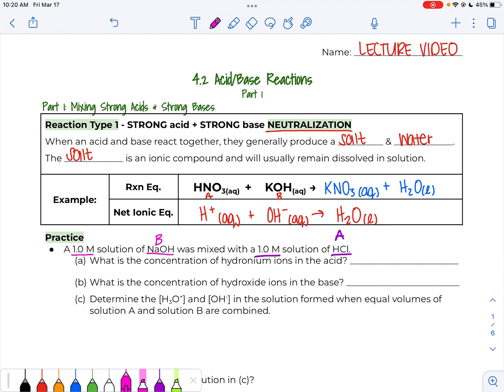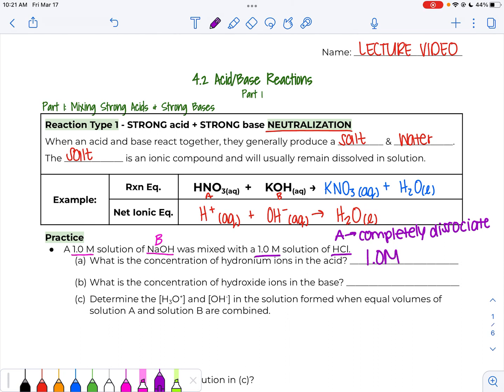Well, this is a strong acid, and remember, strong acids completely dissociate. So this thing's going to fully break up into its H plus and Cl minus ions. So if the original solution of our HCl is 1 molar, the concentration of hydronium, or the H plus that breaks off, will also be 1 molar.